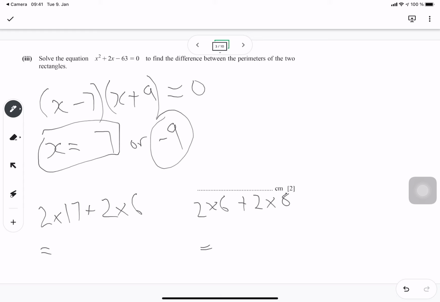I encourage you to use a calculator to do this. There's no need to try and do this in your head and make a mistake. So that perimeter is 46, and this one is 28. 46 minus 28 is 18. That's your answer.